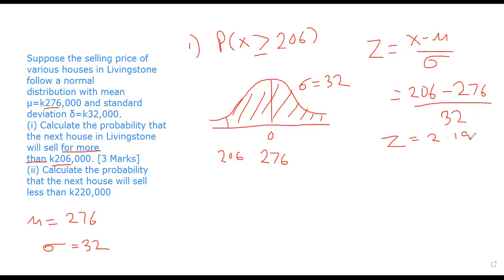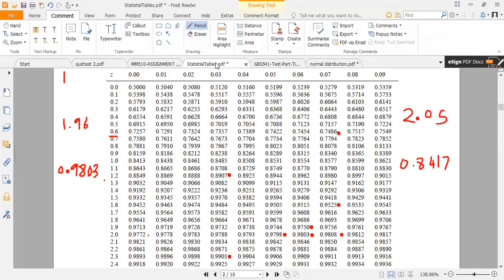Great. So this shading, is it more than 50 or less than 50? The shading is more than 50 because it's crossing the middle line. So whatever we're going to read, make sure that it should be more than 50%. So let's go and read in our tables the reading for 2.19. What's the reading for 2.19?